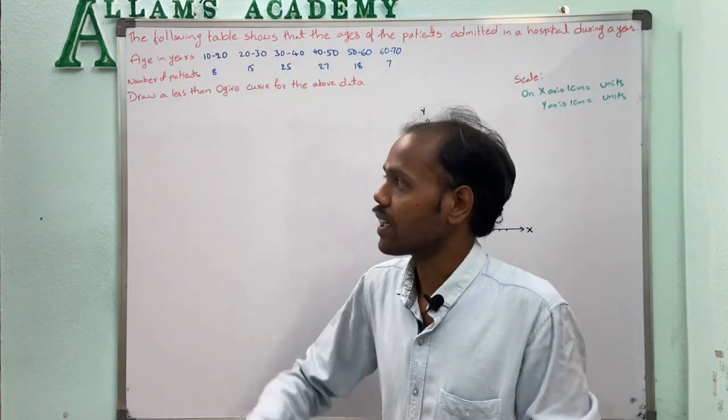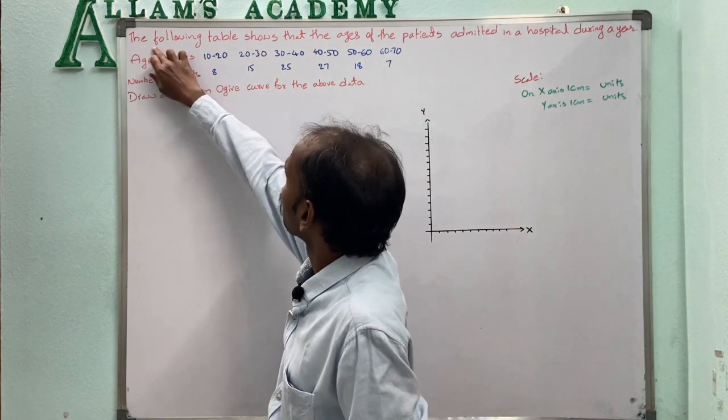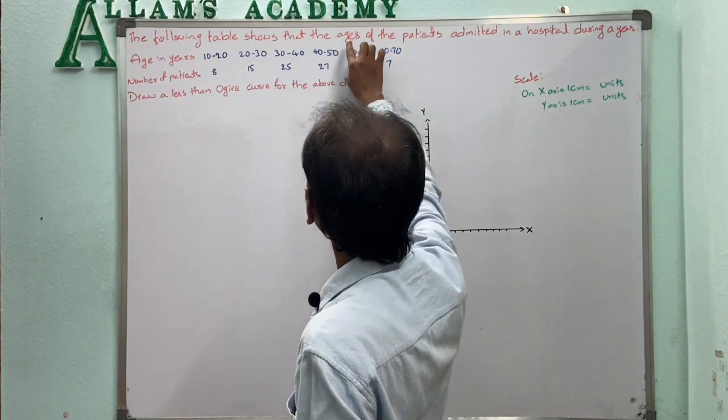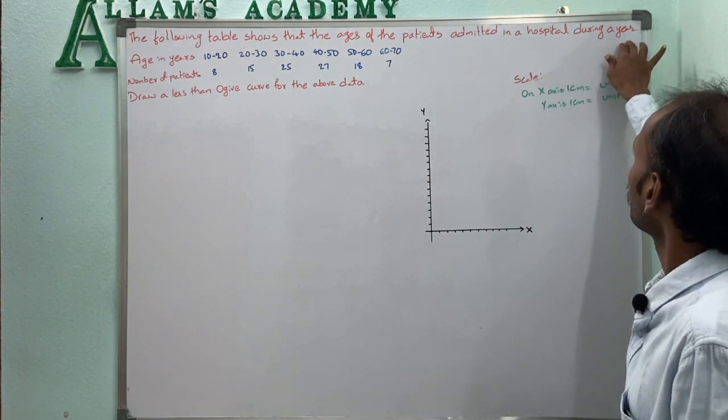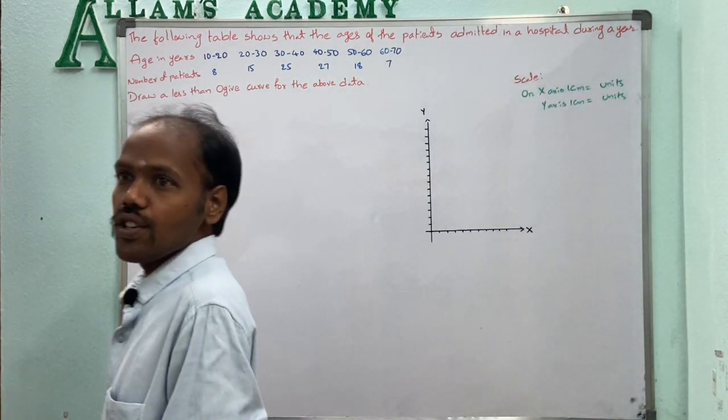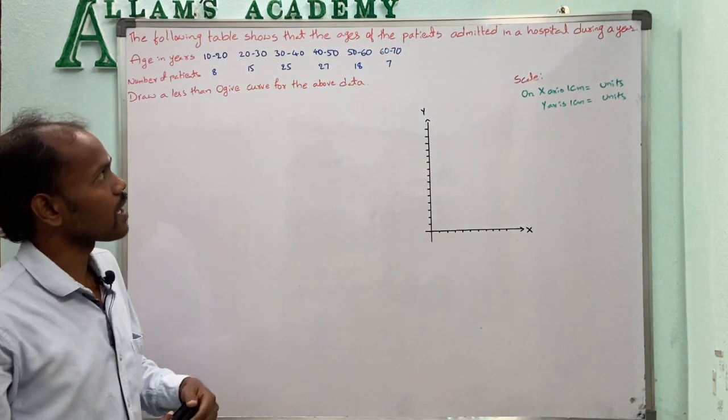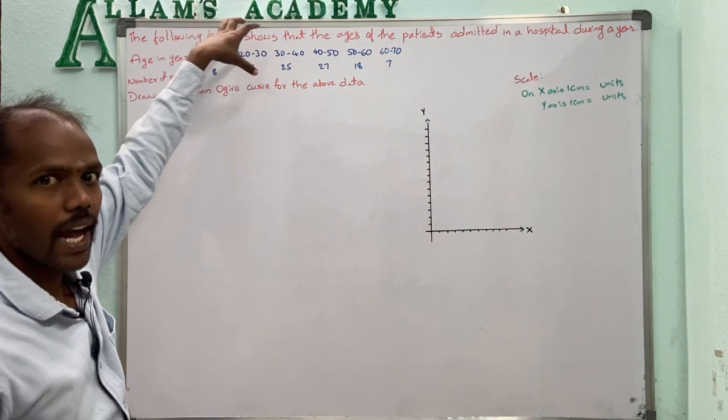And here is the given problem: The following table shows the ages of the patients admitted in a hospital during a year. So in 1 year how many patients are admitted will be given as a table.